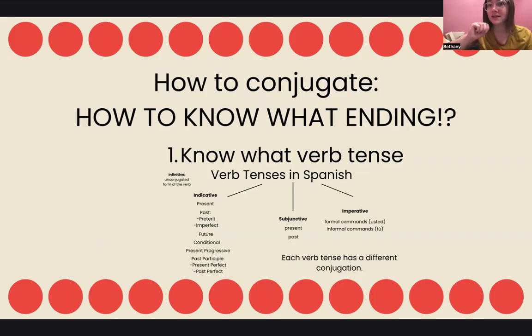Or wants and wishes. So, are you wanting something? Do we have to conjugate it that way? Or are you telling someone to do something? Is it in the command form? So we have to know what verb tense. Once we have that stem, we have to know what ending to add by what verb tense we want to use.